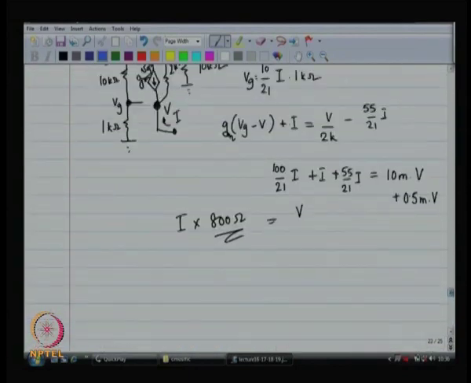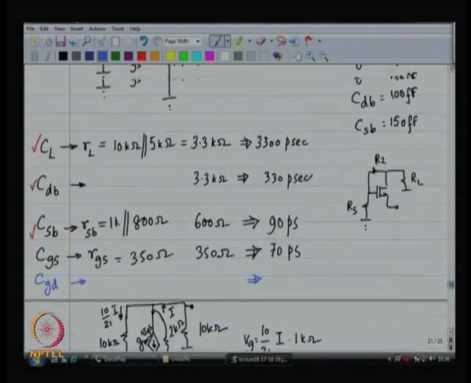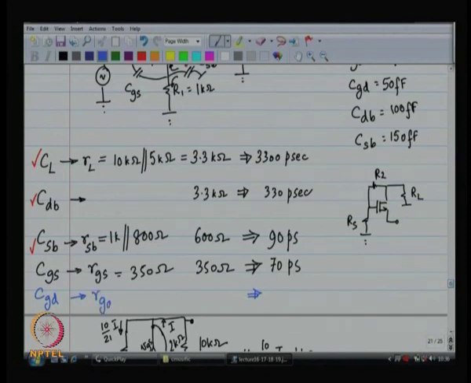So, what we are going to see over here is 50 femtofarads with 23 kilo ohms, which is going to give me a substantial number.